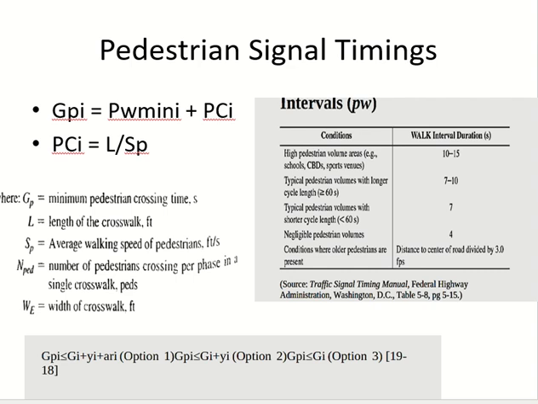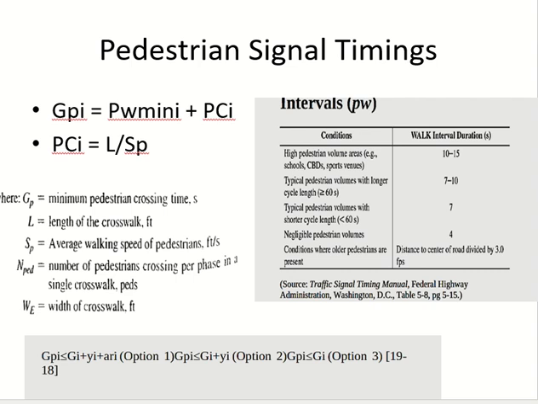The second one is PC, which means pedestrian clearance time. Okay, what was clearance time? It was for the vehicles in the intersection.